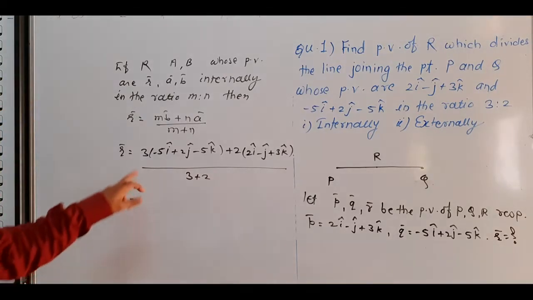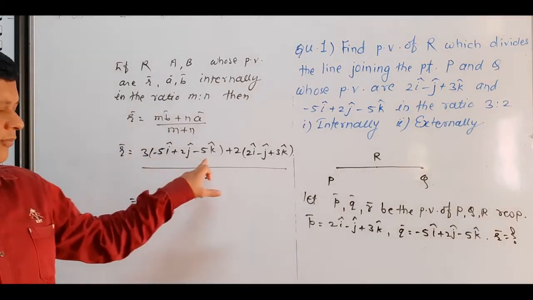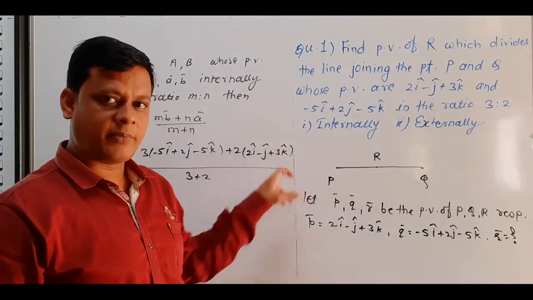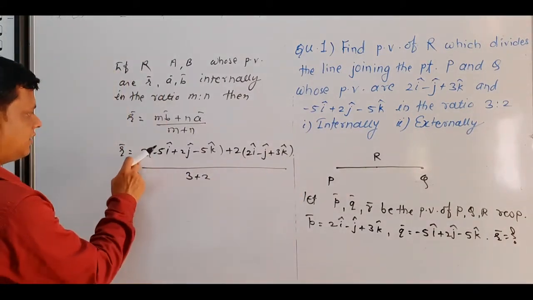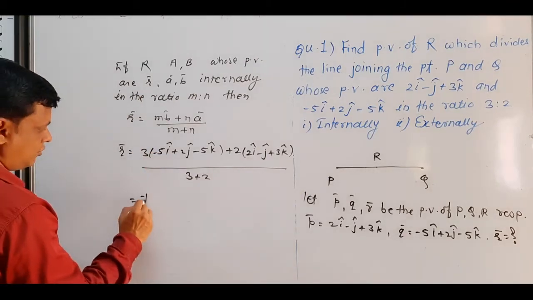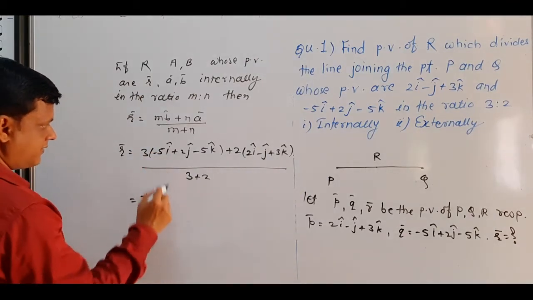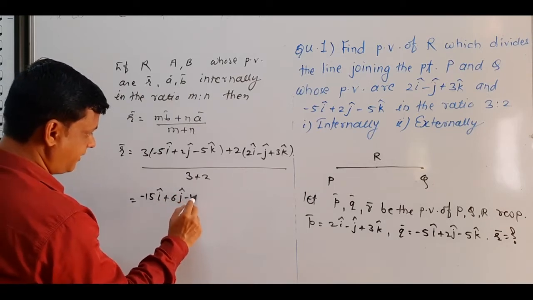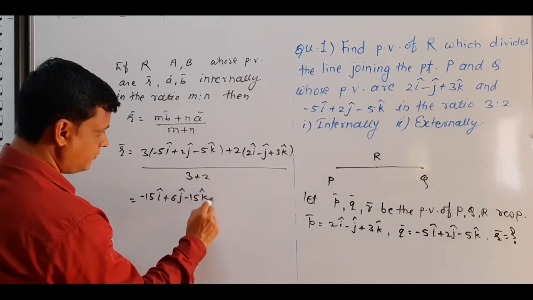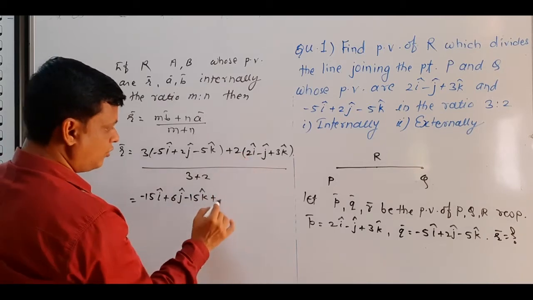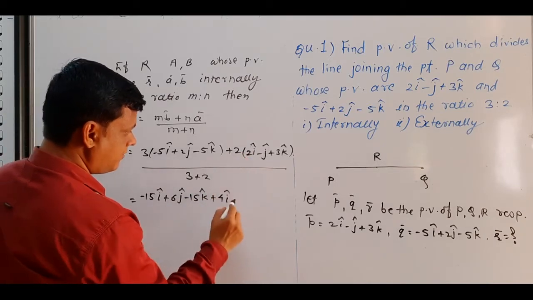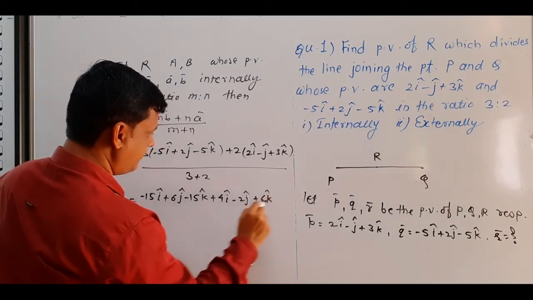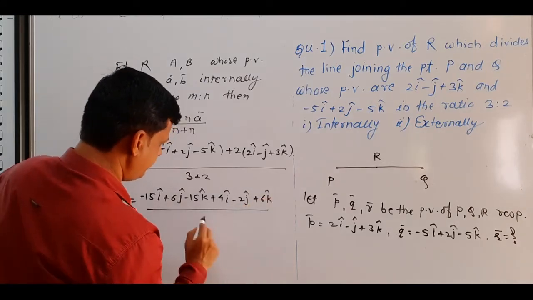Now multiply by 3 to each term of the first bracket and by 2 to each term of the second bracket. 3 fives are 15, so minus 15i plus 6j minus 15k, and multiplying by 2 we get 4i minus 2j plus 6k, upon 5.